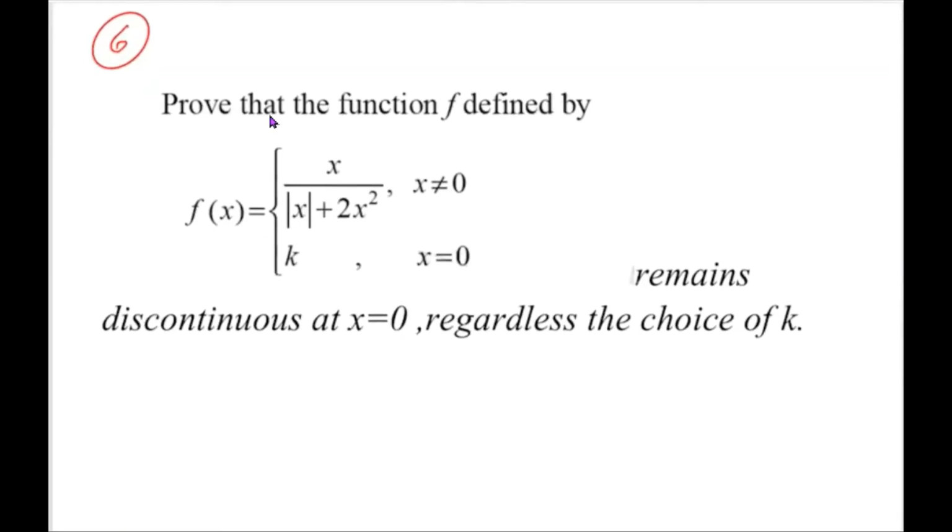Next one is prove that the function f defined by f of x equal to x upon mod x plus 2x square when x is a non-zero number and k when x is 0. So we need to prove this remains discontinuous at x equal to 0 regardless of the value of k.